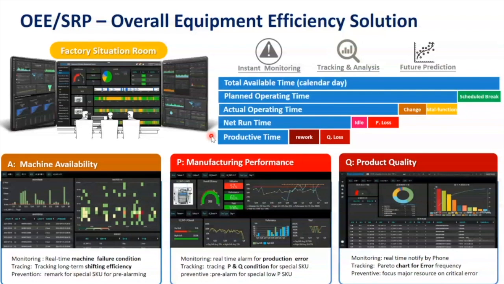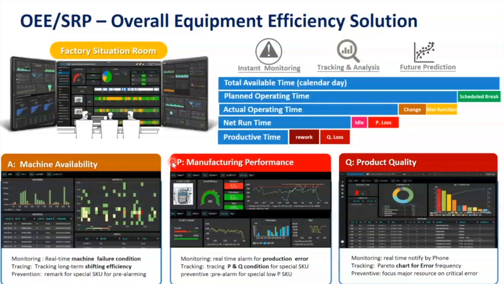So later on, we will zoom into a few slides about our key features, how we can have the machine availability to help you with the machine failure condition, how the shift efficiency differs between shifts. For P, manufacturing performance, is there any production error, is there any P and Q condition for special setup and SKU.